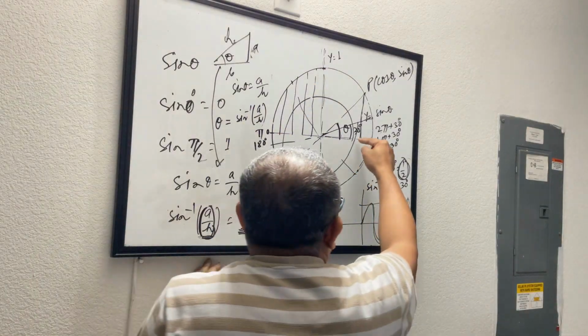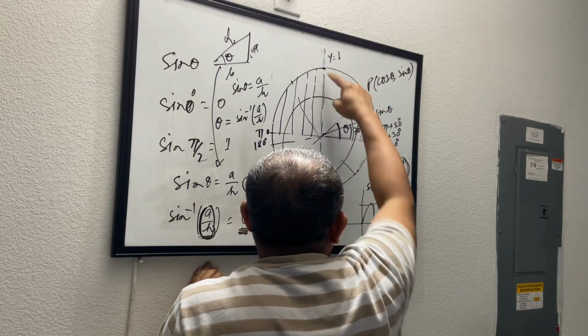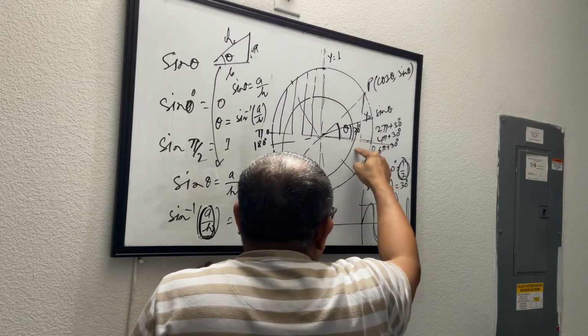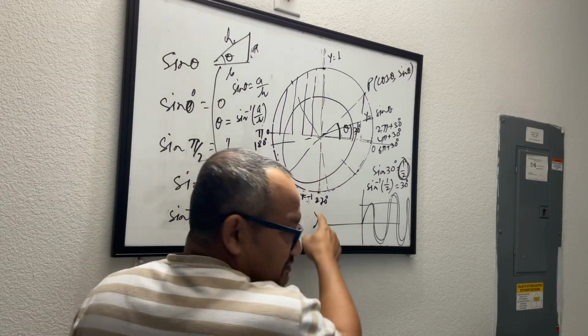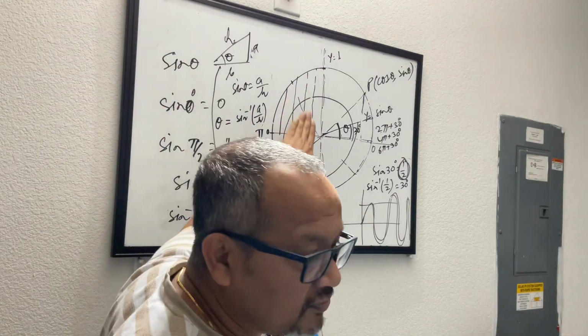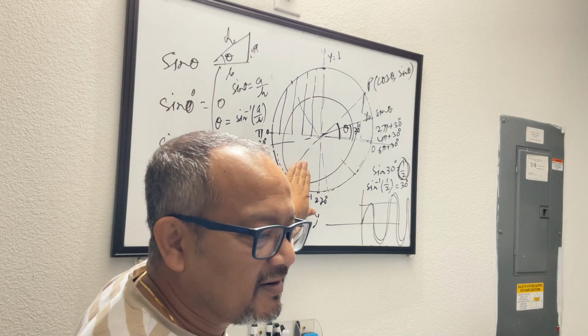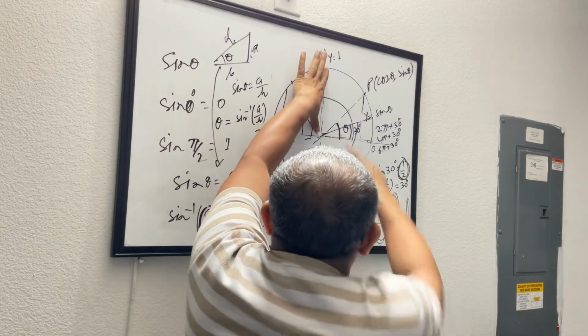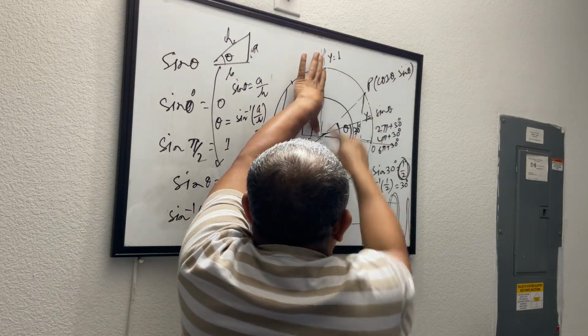So when you increase theta to 90 degrees, you are hitting 1. When you decrease theta to minus 90 degrees, you are hitting minus 1. Why do you have to even go to the third and fourth quadrant? Because your sine theta value is the vertical dimension, which is oscillating this way.